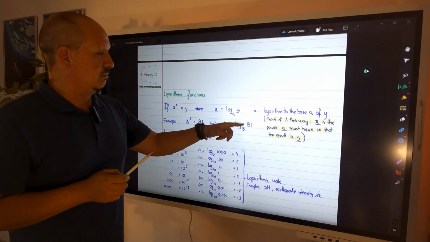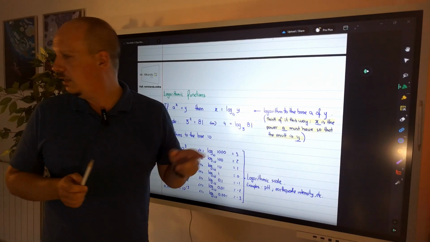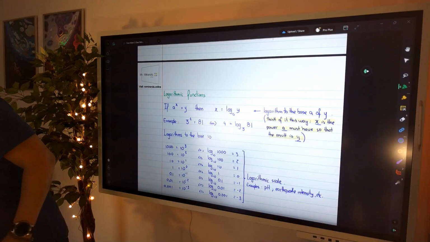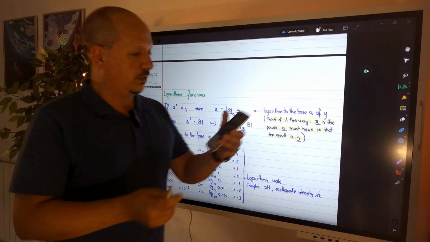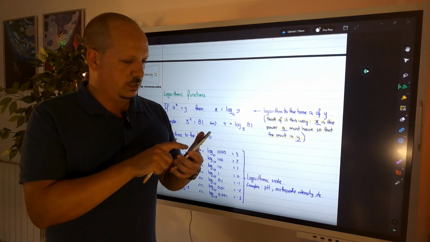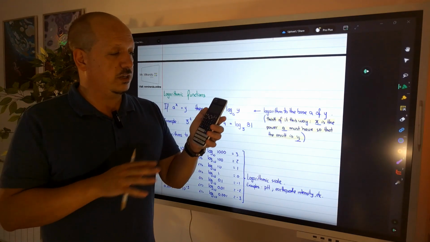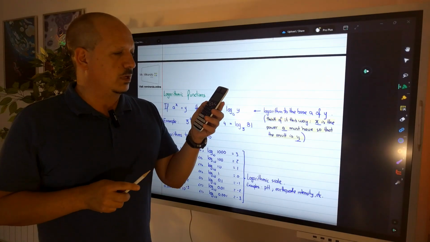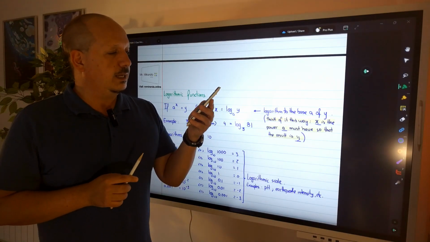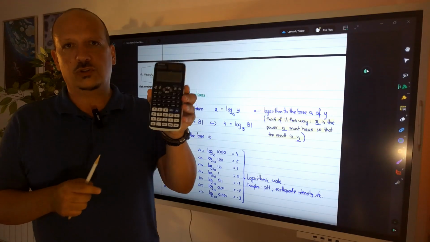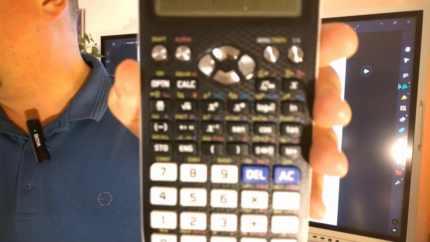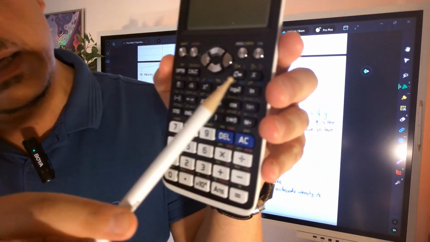These values, you can get them with a calculator. I have here just a random calculator, the kind that you can take to your exams. And you have different logs over here. This will depend from calculator to calculator. The most general one, I'm going to try to show you over here, is this one.